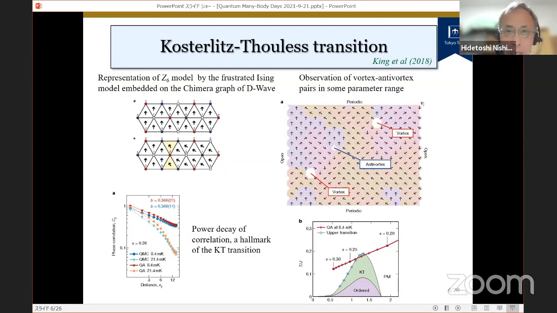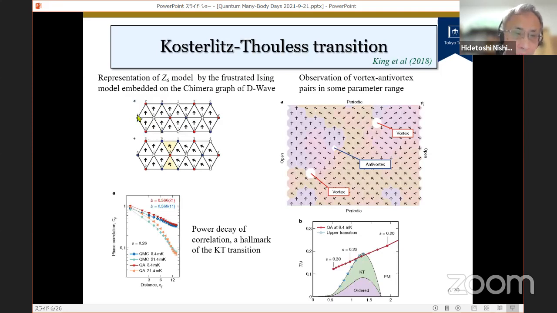And Andrew King and co-workers studied this Kosterlitz-Thouless transition on the superconducting qubit chip. And since this is a continuous system, with a continuous degree of freedom, one should devise a method to realize such a continuous degree of freedom by the Ising model. And they invented a very ingenious way to do so. They placed Ising spins at the vertices of the triangular lattice.